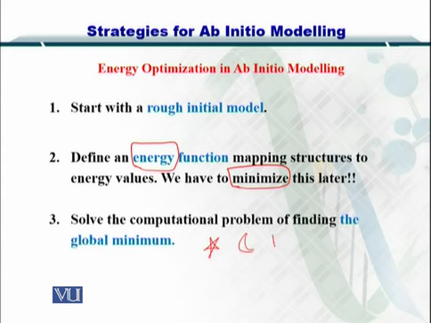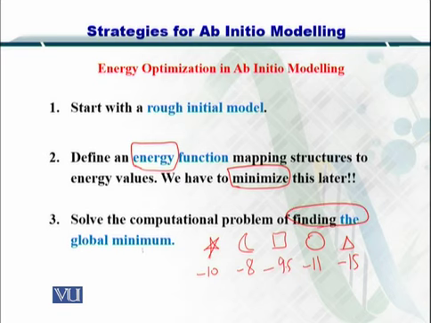Let's say these are your structures, and each one has an energy corresponding to the number of hydrogen bonds that are there in each structure. Then you have to find the global minimum.